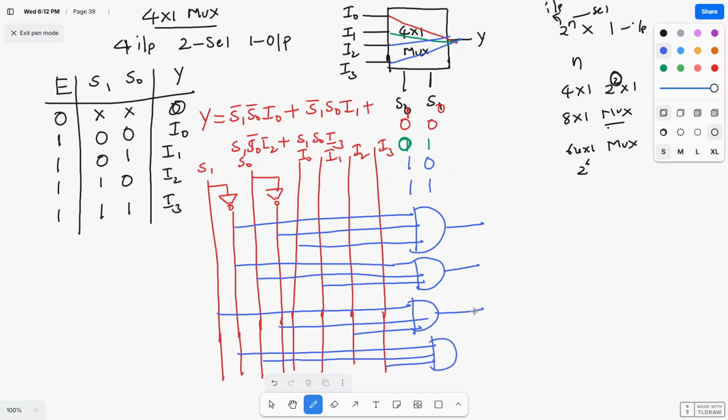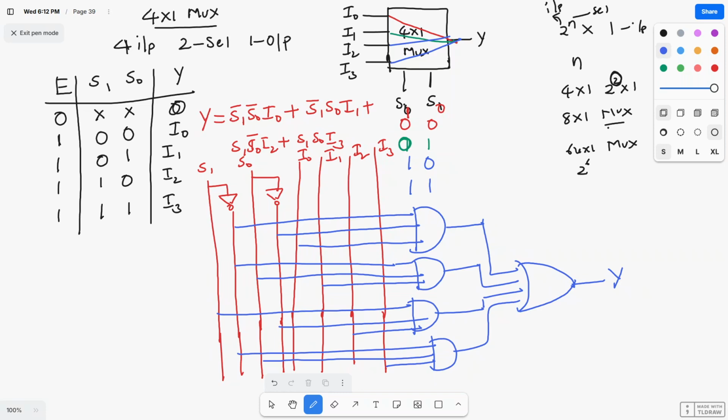These all are connected with an OR gate. This is output Y. Based on the Shannon's equation, I got this.